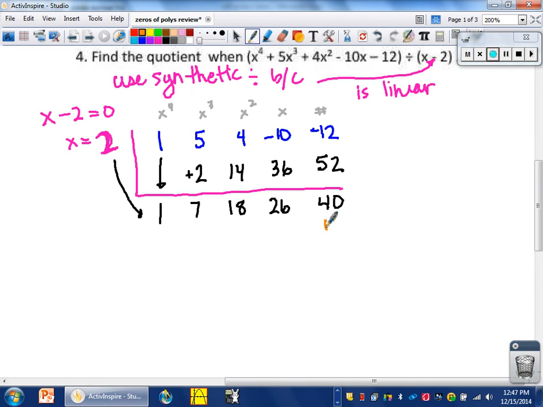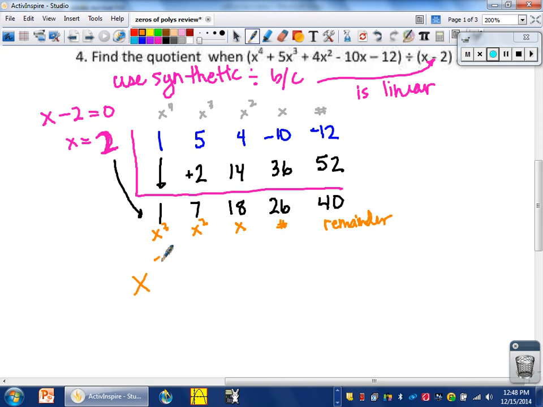So remember, this last term is your remainder term. What's left over? This is your number. This is the x coefficient. That's the x squared coefficient. And that's x cubed. So this stuff is your quotient. Once you write it as a polynomial, this is your remainder term.